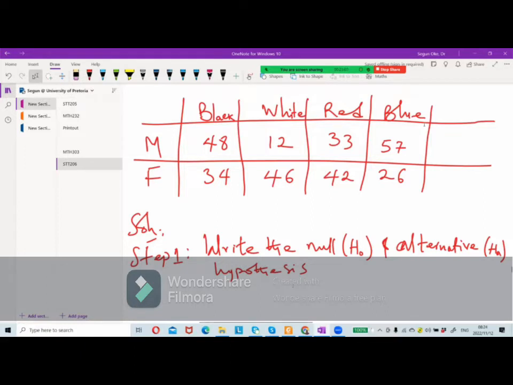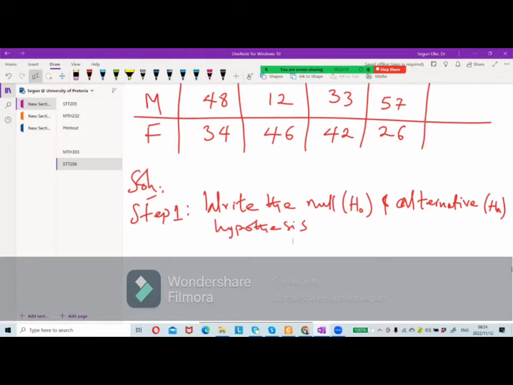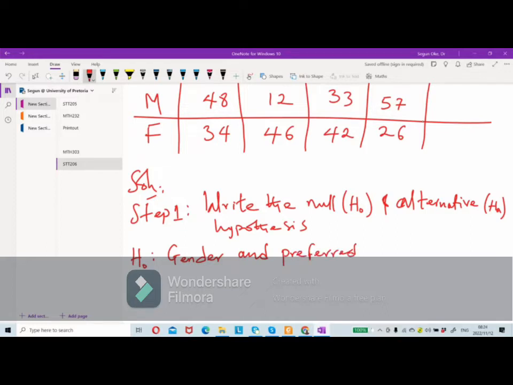The ones you know and the ones you don't know, and the one you want to test. So for us to write, the null is the one you claim and the alternative is the opposite. I'm writing the claim now. Gender and preferred shirt color are independent.